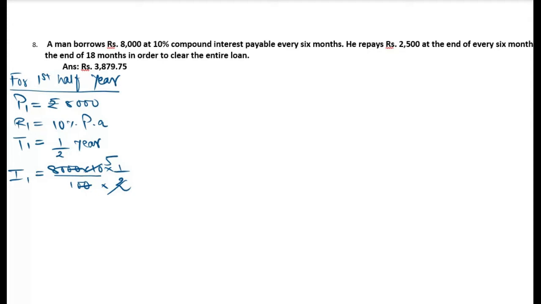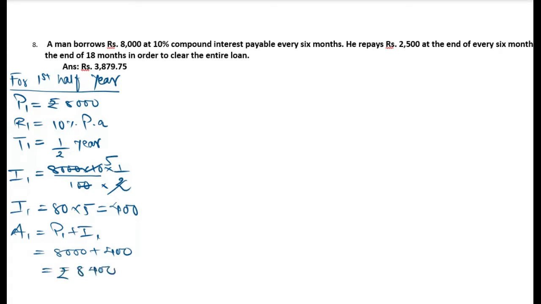I will not say all that, okay? Just bear with me. I1 is equal to 80 into 5, 400. Okay, great. So the interest after the first half year is 400. What will be the amount? P1 plus I1, that is 8,000 plus 400, that is rupees 8,400. So for the first half year, this will be the amount. Correct?